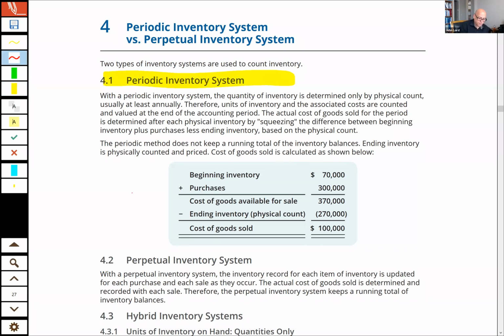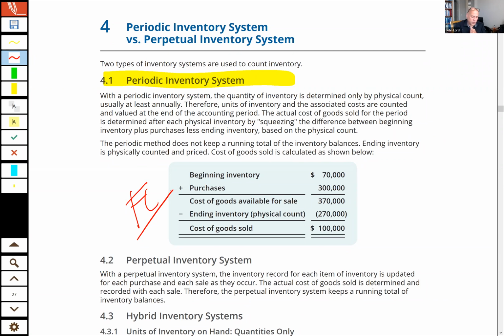So I want you to flashcard right here how you calculate cost of goods sold using periodic. If they ask you a question about periodic directly, this is useful. Sometimes, though, it could be useful just to help you calculate cost of goods sold, where maybe they've told you something about overstatements or understatements in beginning inventory or ending inventory.